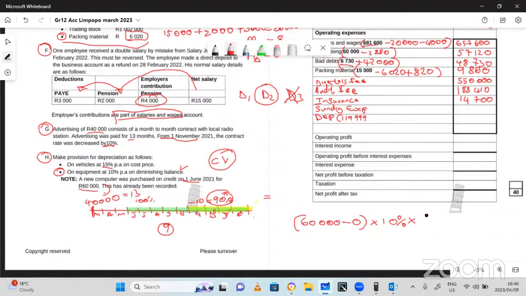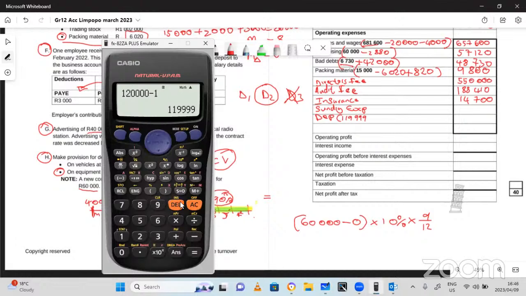So we are going to multiply with the months out of the total months of the year. So you punch that in your calculator as well. So it's going to be 60,000 minus 0. So 60,000 minus 0 still is 60,000. So hence I'm not minusing it there.